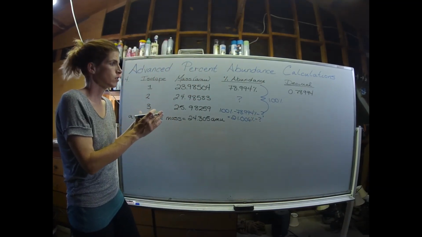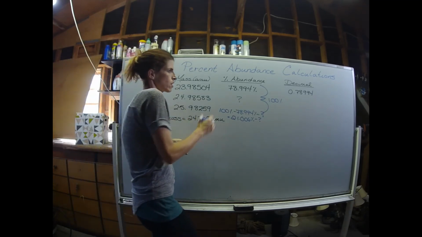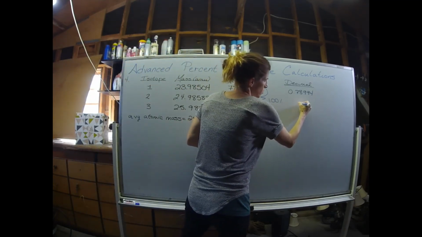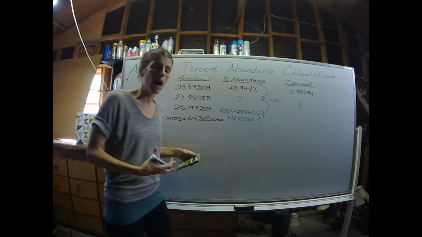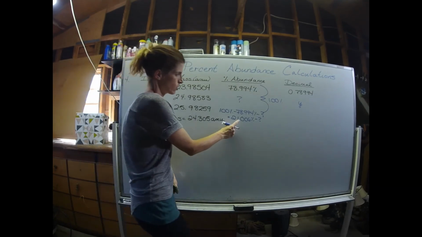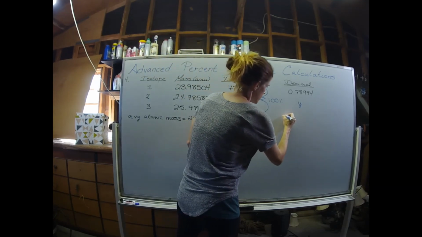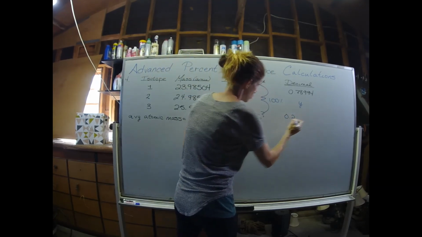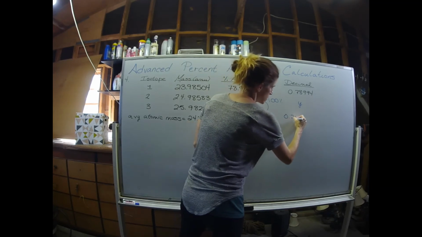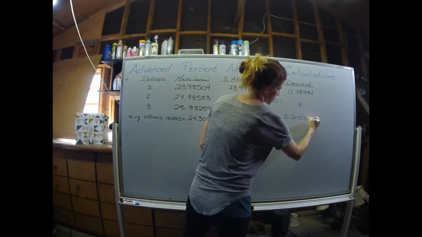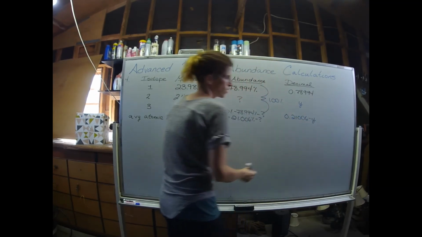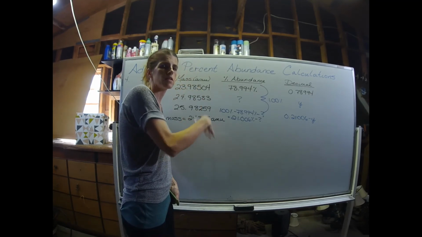Coming over to the decimal side of things, the question mark I'm going to designate as a y, and then I still have to move this decimal place over. So now I'm going to have 0.21006 minus y when I convert my percent abundances to decimal form.